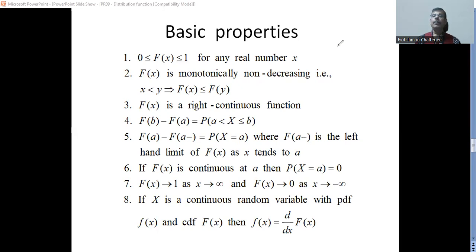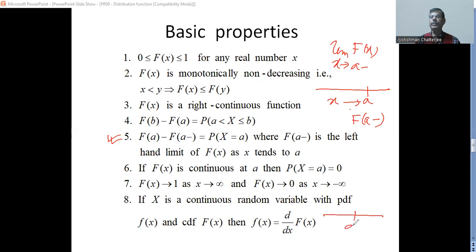Now property 5. For any function, you can always talk about the left-hand limit. That means here is the point A. You are approaching the point A from the left-hand side, and whatever that limit value is, that is denoted by F of A minus.